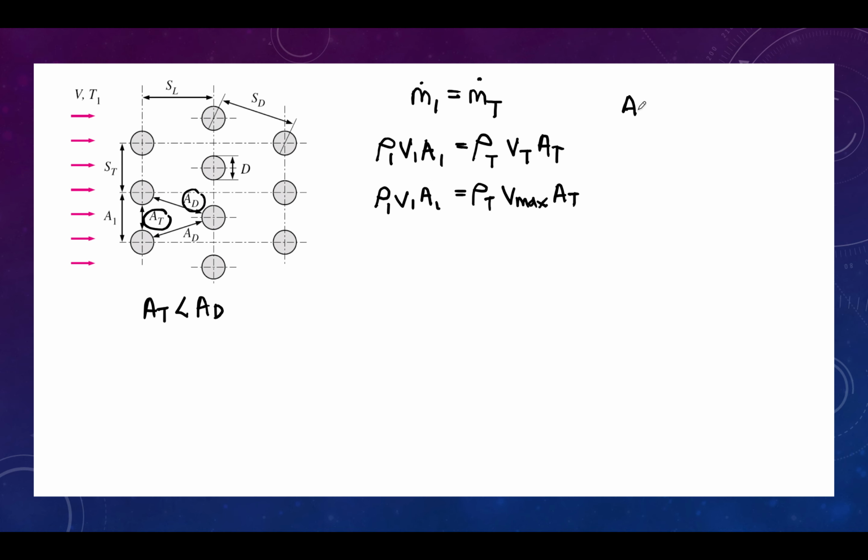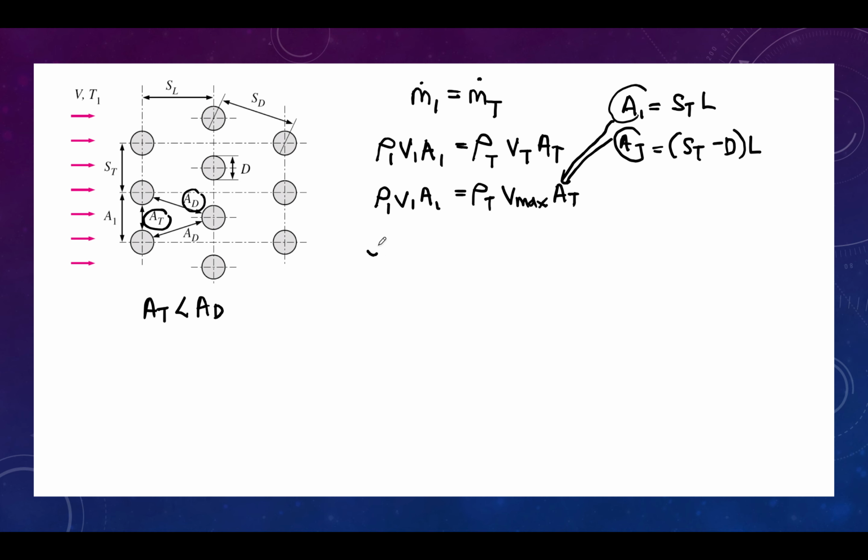So we know that A1 equation is ST times L. For AT, we know that the equation is ST minus D times L. Therefore, we substitute both of these equations into this equation.